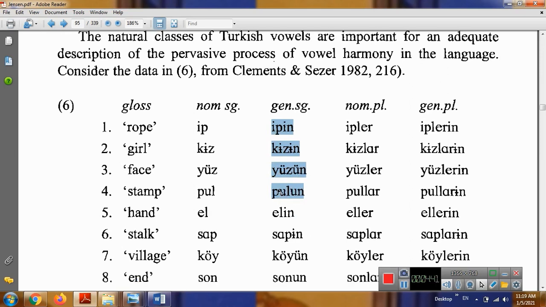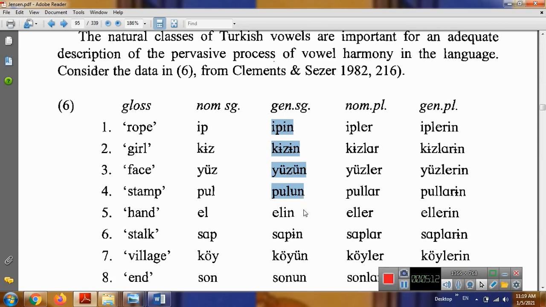And here is the same as the previous data. Therefore, based on the vowel of the root, we choose the suffix's form in Turkish. We have four forms of suffix: in, ın, ün, un, and according to the vowel of the root, we change them. We choose the different type of this vowel.